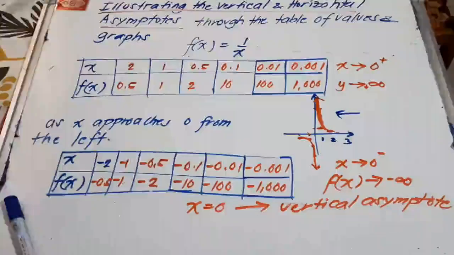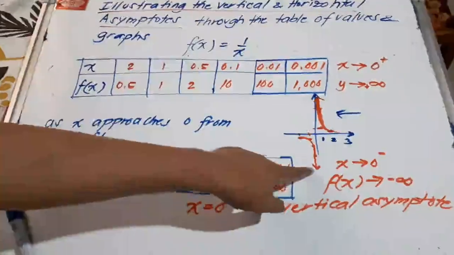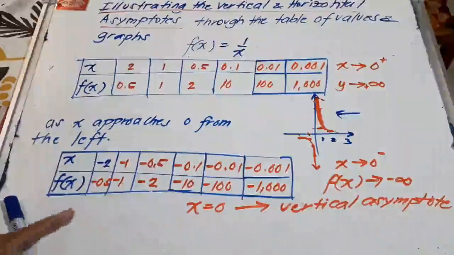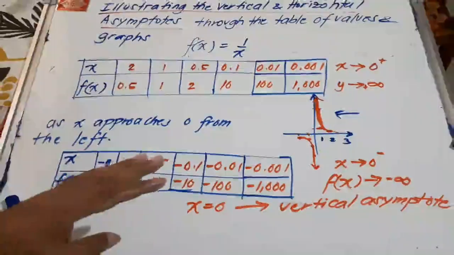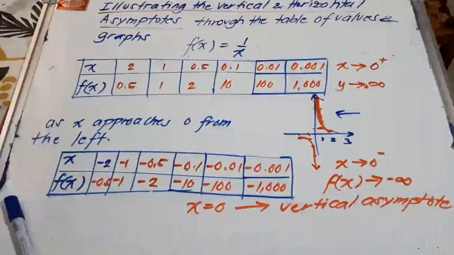It is increasing without bound. And as x is approaching 0 coming from the left, yung ating function is approaching negative infinity, or it is decreasing without bound. Okay? Ang alamin natin kasunod is ano yung behavior of the function f of x as x is increasing indefinitely to the right and to the left.